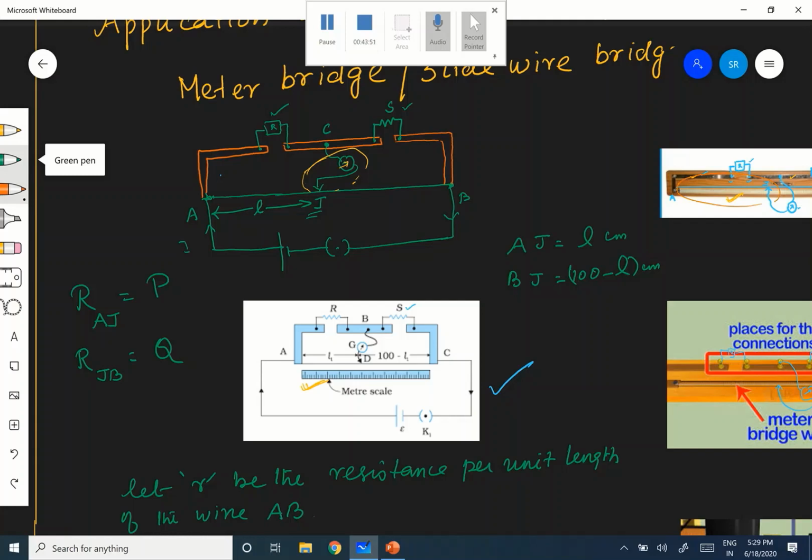Readily you can see it starts from 0 at O and ends at 100 centimeter. Therefore J you can readily read. Therefore L can be noted. Once you know L, you also know 100 minus L. Are you following? Is it clear? It can be readily measured with the meter scale.